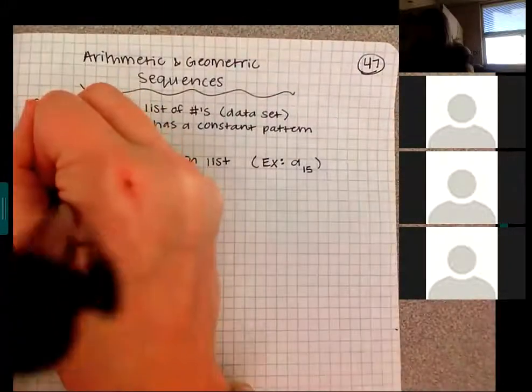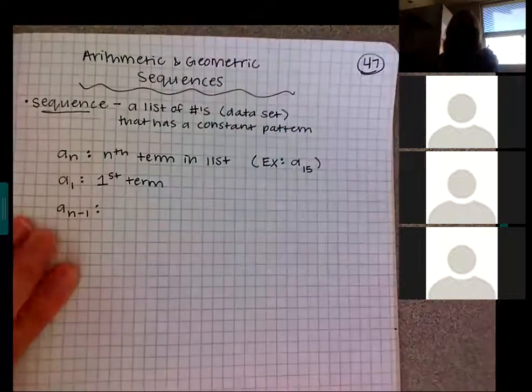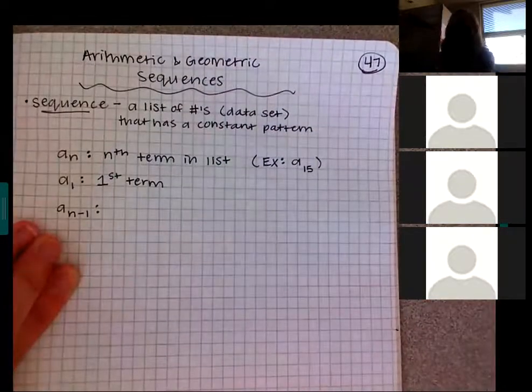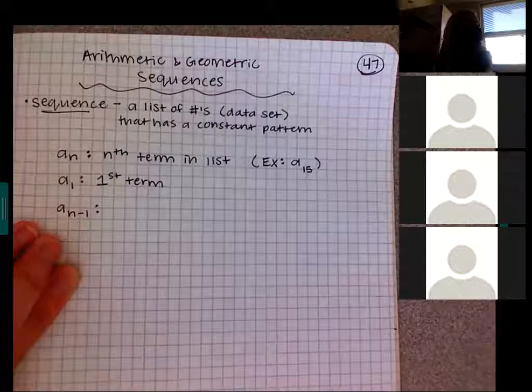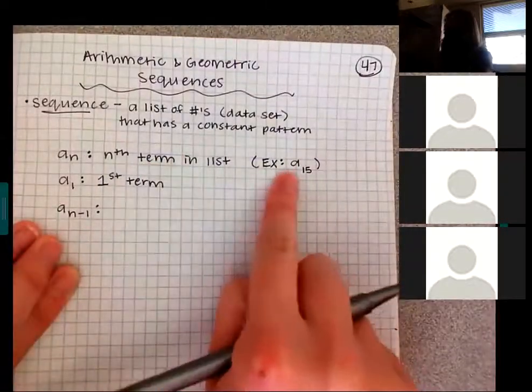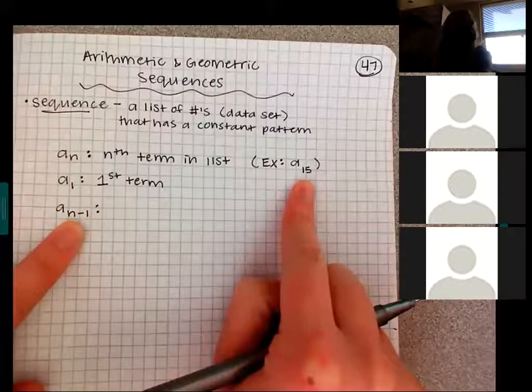And then if they say A sub n minus 1, how could we describe that? What do you think that's used to represent? All right, let me give you an example. If A sub n was the 15th term, what would A sub n minus 1 be?